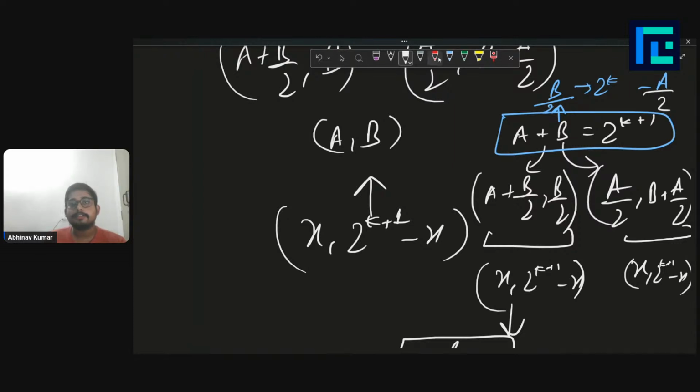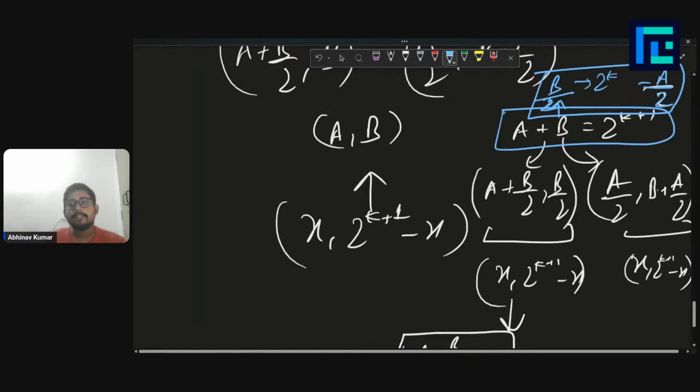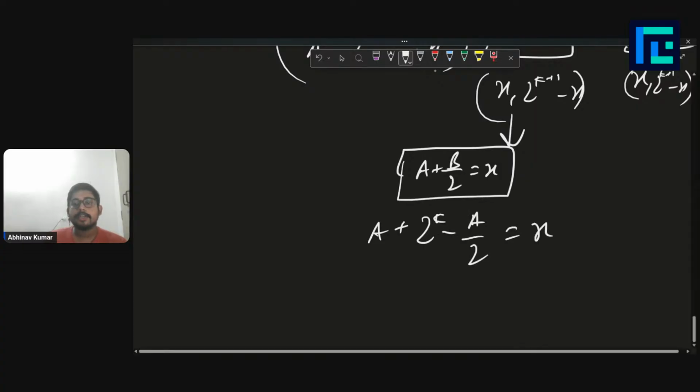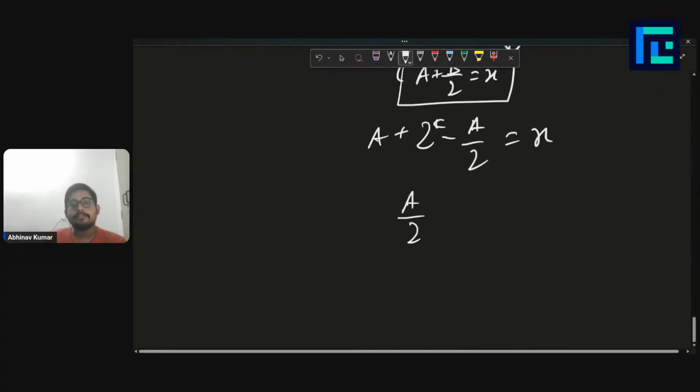Replacing it, a plus 2 to the power k minus a by 2 is equal to x. That means a by 2 is equal to x minus 2 to the power k, so a is equal to 2x minus 2 to the power k plus 1.